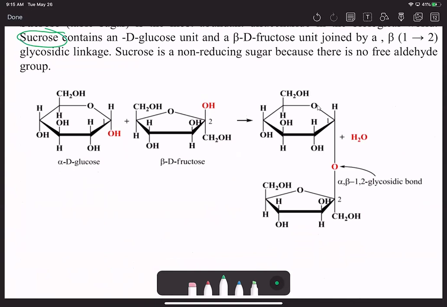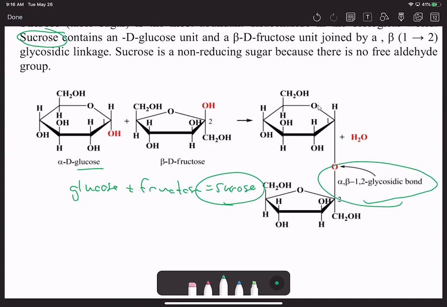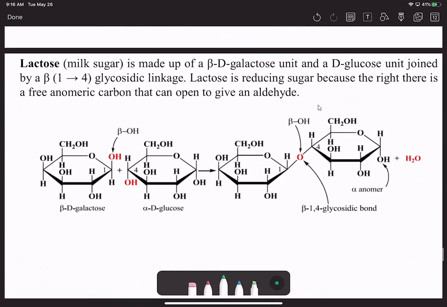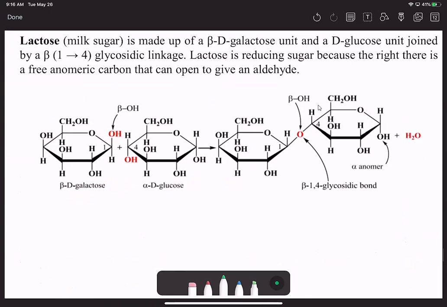What you do have to know is that glucose plus fructose make sucrose. Right. So that's what you need to know there. And again, we'll visit this bond in just a second here. Let's go over another sugar. This one is lactose. And galactose plus glucose make lactose.